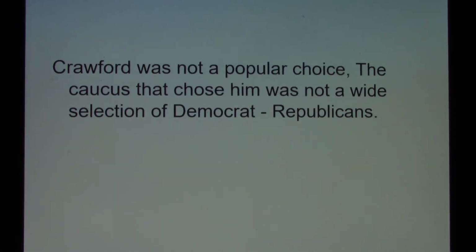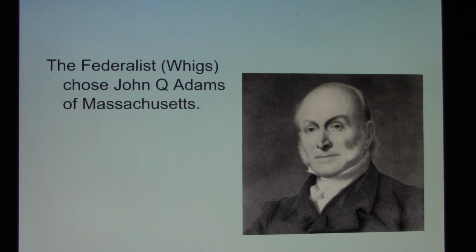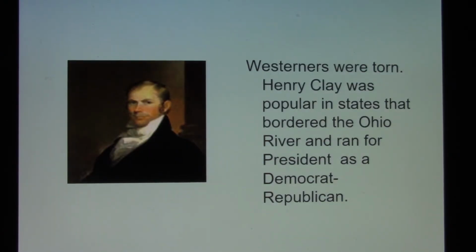Now, the Federalists, what's left of them, will nominate John Quincy Adams of Massachusetts. So we now have our two candidates: John Quincy Adams, who is a Federalist, but the Federalists are not a national party, and William Crawford, who is the Democrat Republican. Enter Henry Clay.